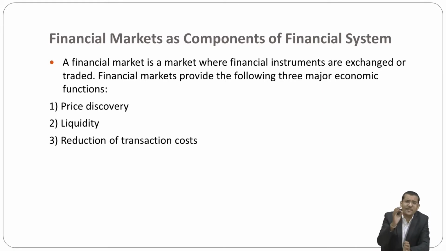It clearly signifies that, my dear friends, in a financial market the investors or lenders, and the borrowers or users, are important, and for that the financial instruments are exchanged.